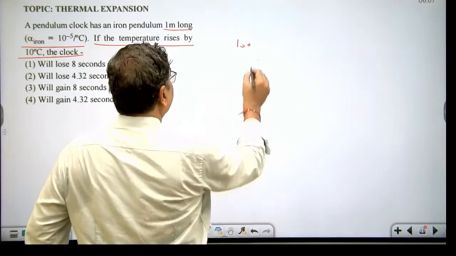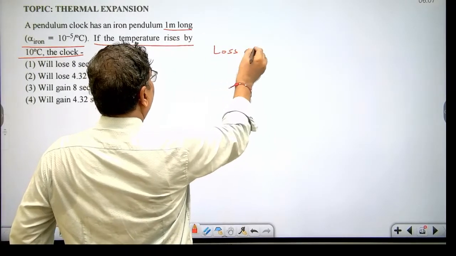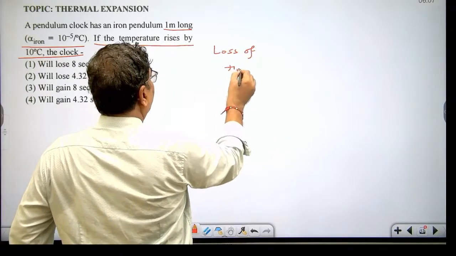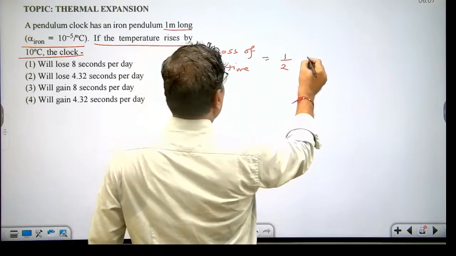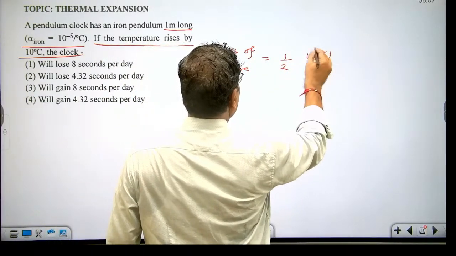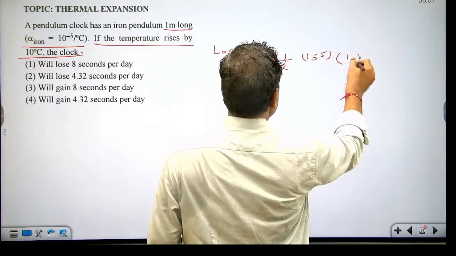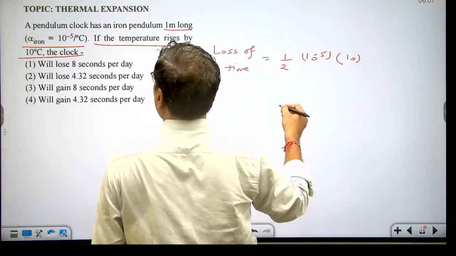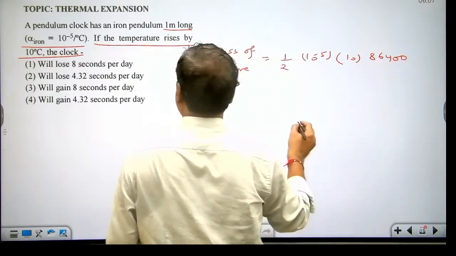So loss of time equals half alpha, 10 power minus 5, into delta theta, 10, into delta t per day. Per day means 86,400.